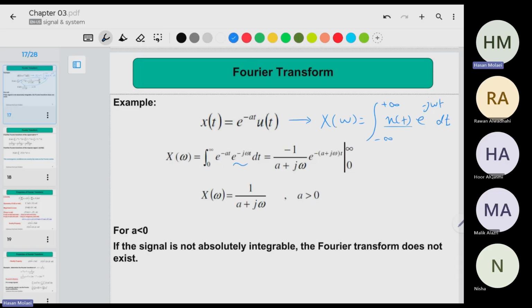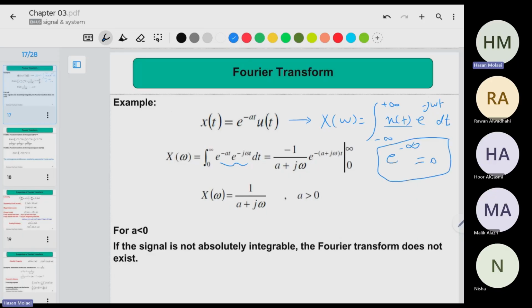Now I would have this integral. E to the power of alpha t is 1 over alpha e to the power of alpha t. If we substitute t by infinity, e to the power of minus infinity is 0.